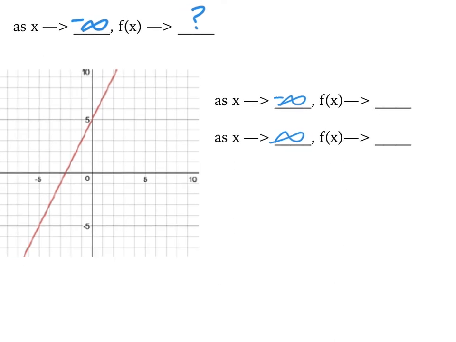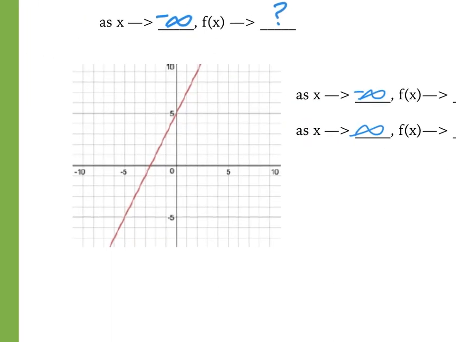Then what I want you to do is just like what we wrote on the other one. Remember that my x-axis goes from left to right. My y-axis goes from bottom to top. So if I look on my line, as x is going to the left forever, is y going up or down forever?